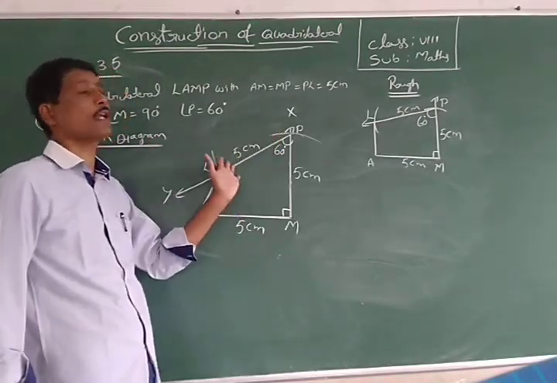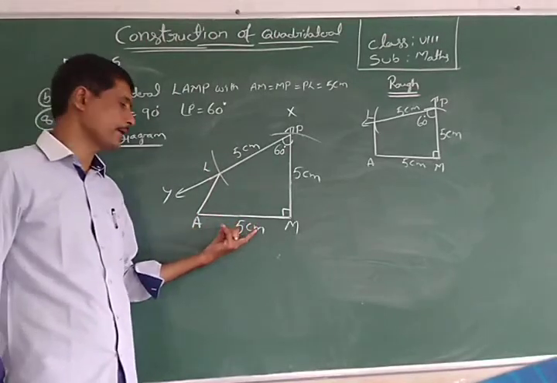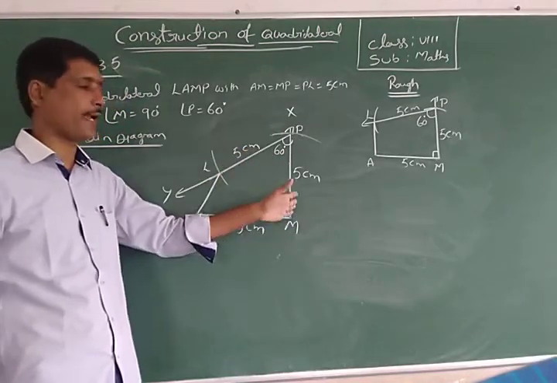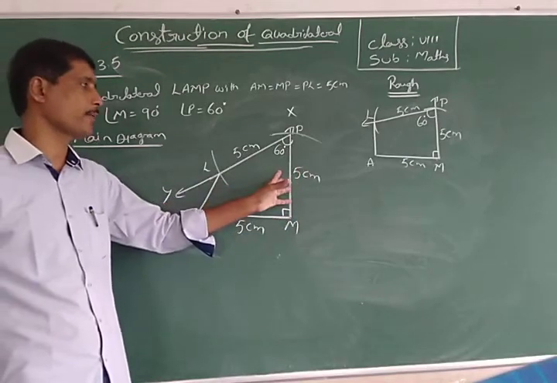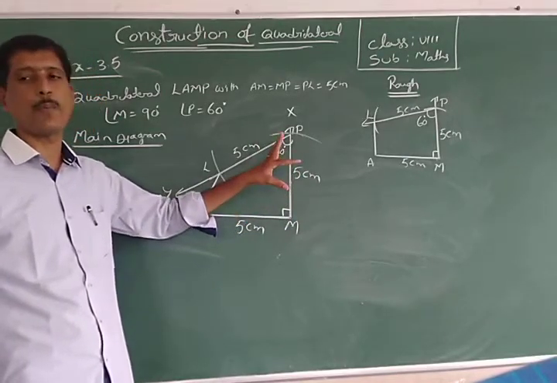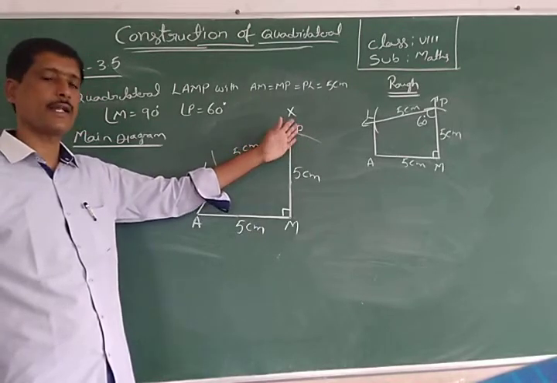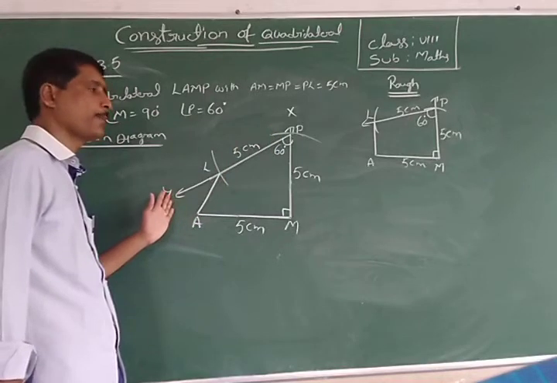LAMP. Okay. One more time, see. Therefore, first draw a line segment AM, that is 5 centimeters. Take M as the center, measure the angle 90 degrees. Take M as the center, draw the arc with 5 centimeters. The ray and arc are intersecting at one point. The point is P. Next take P as the center, measure the angle 60 degrees. Draw a ray, that is PY.